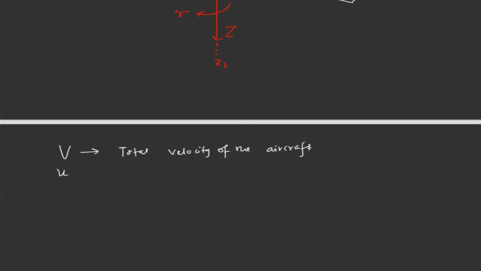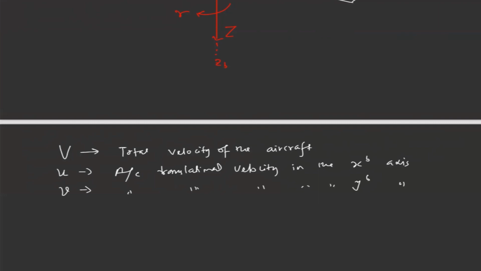U is the aircraft translational velocity along the xb axis, V is the aircraft translational velocity along the yb axis, and W is the aircraft translational velocity along the zb axis.